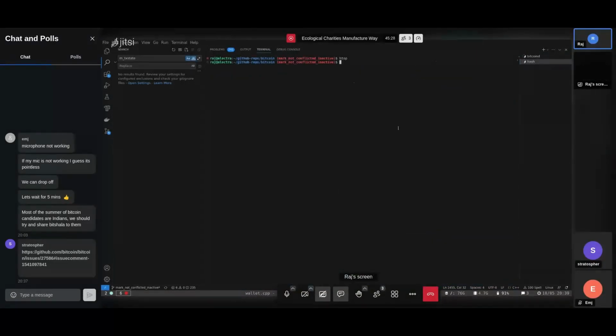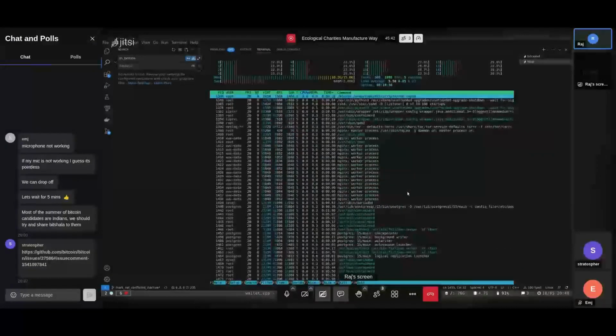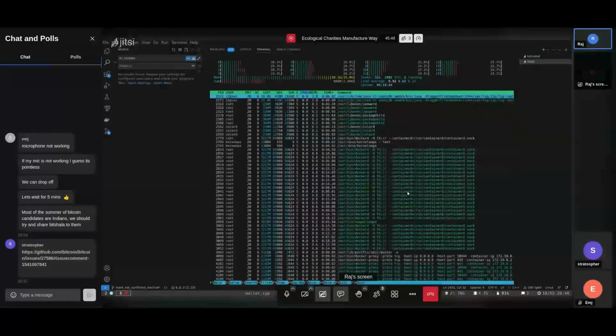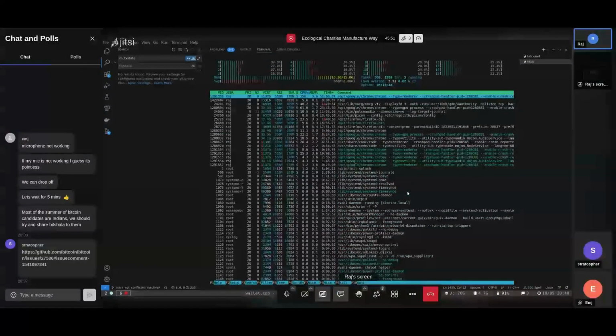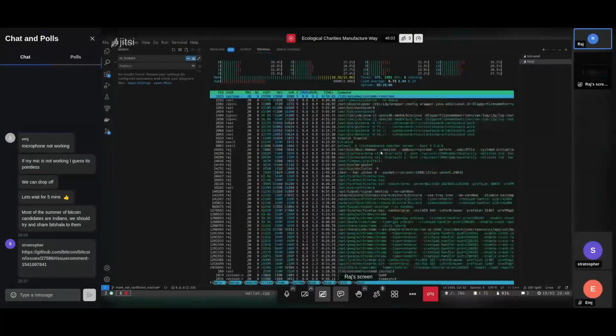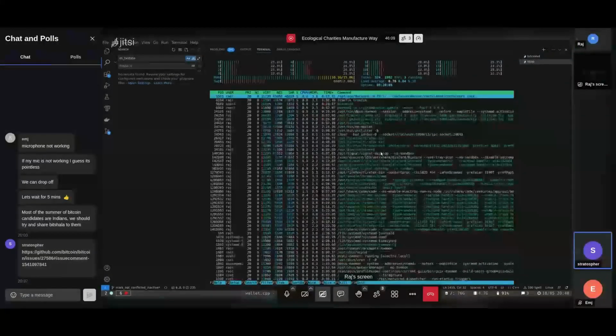Okay, maybe we can say htop. Where is Bitcoin D? We need to find the process ID of the Bitcoin D that is running. There's no grep or anything for this.